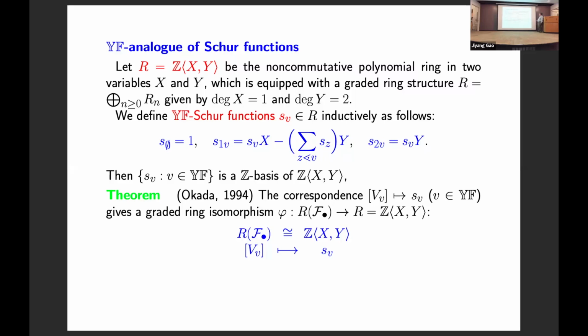Then we can show that SV is the basis of this non-commutative ring, and the map from the direct sum of the Grothendieck group to this non-commutative polynomial ring sends the irreducible representation corresponding to the Fibonacci word V to the Young-Fibonacci Schur function corresponding to V. Then this gives the isomorphic ring.